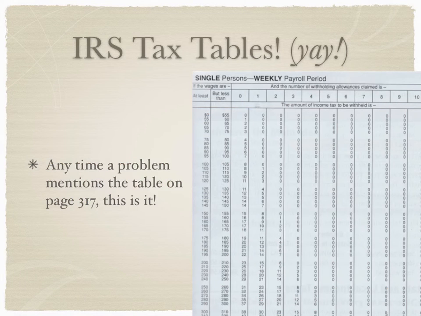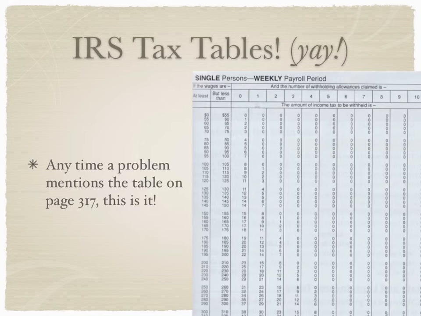So how do these tax tables work? Well, it's pretty simple. I've sent you separately a file that is essentially page 317 from the textbook, which is a tax table. Now, this is not the current tax table, obviously, but it'll work for our purposes.